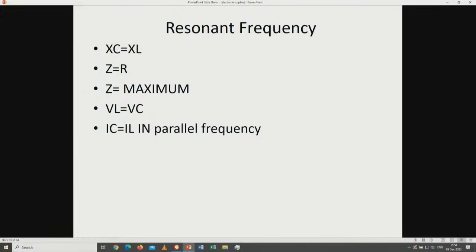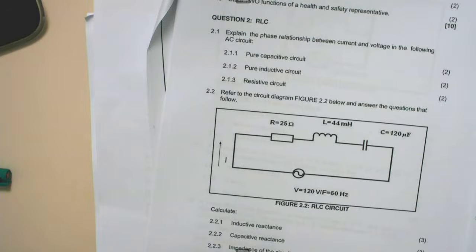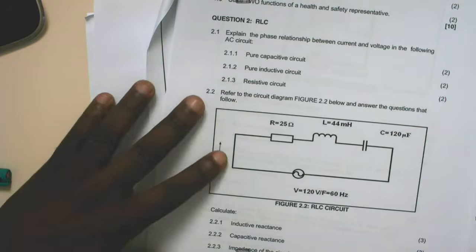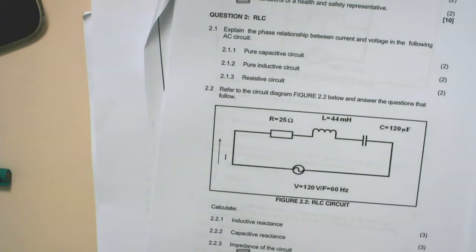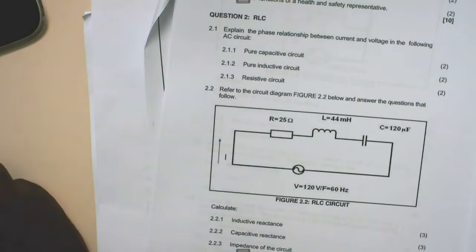Now we are going to try by all means to go to questions that normally give problems to learners. So here's our question paper. Let us start with question 2. Here is question 2.